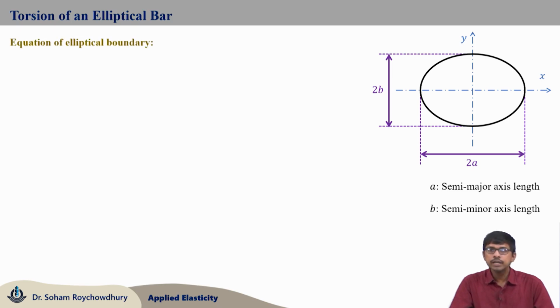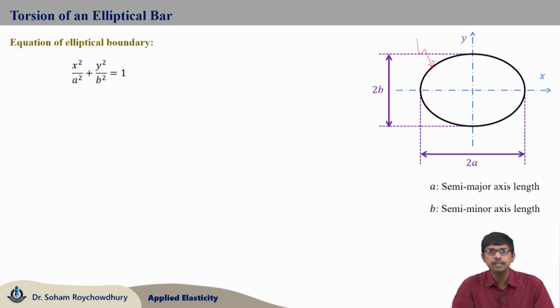Now, the equation of this elliptic boundary, we can write as x square by a square plus y square by b square equals 1. This is the standard equation describing the elliptical boundary, x square by a square plus y square by b square equals 1, where a is the length of the semi major axis and b is the length of the semi minor axis.